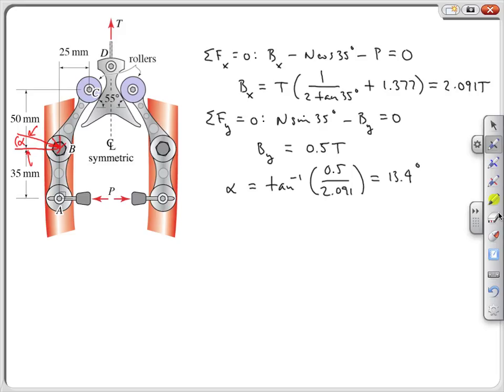Now, how do we determine if these forces are excessive and perhaps responsible for the observed failures? We really need to know where and how ABC is failing to make a more educated guess of what is responsible for the failure.